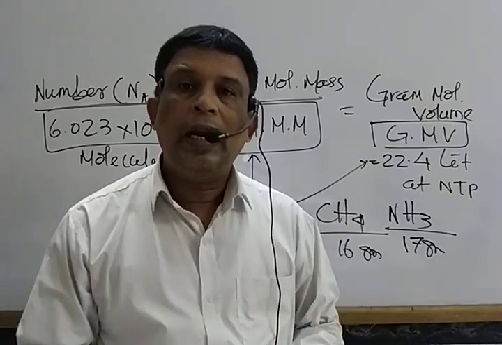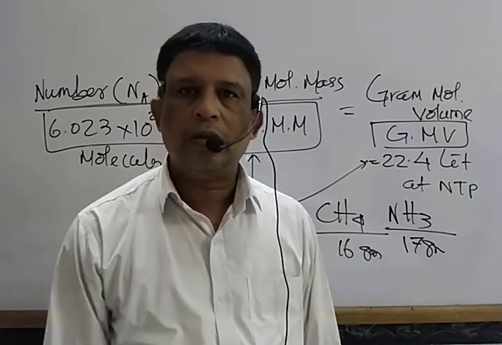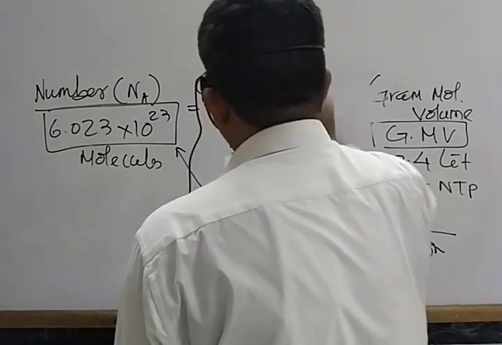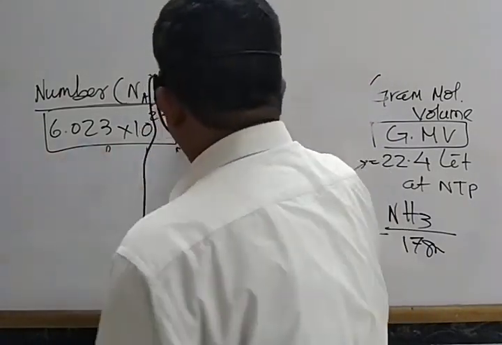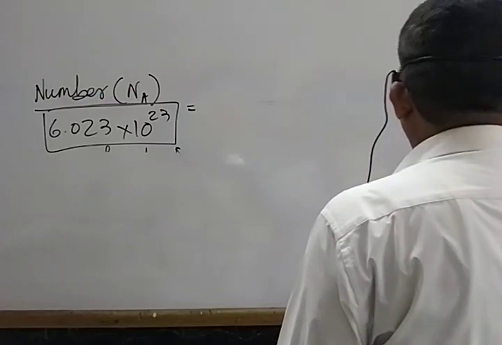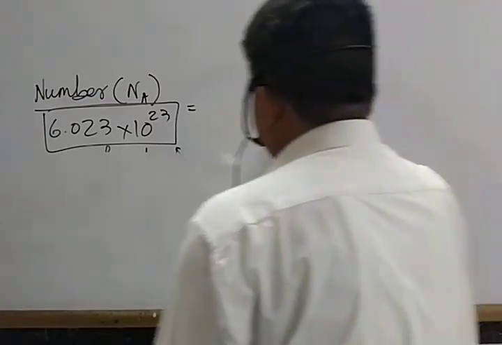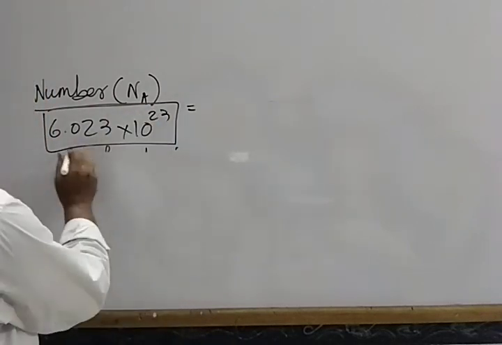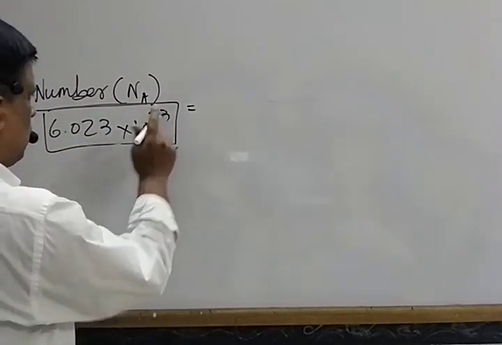Similarly, if we relate the atom, the relationship is also there. If we select the relationship between the mole and the atom, mark that the number is fixed, that is 6.023 10 to the 23.